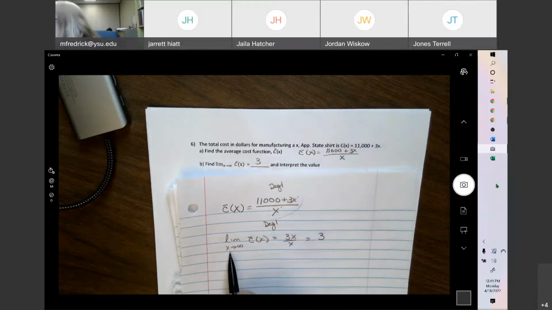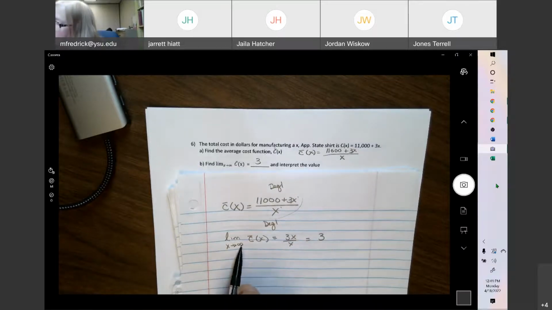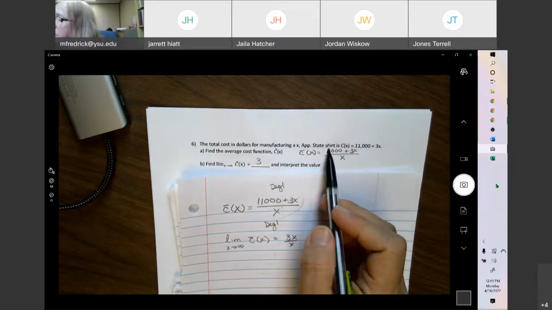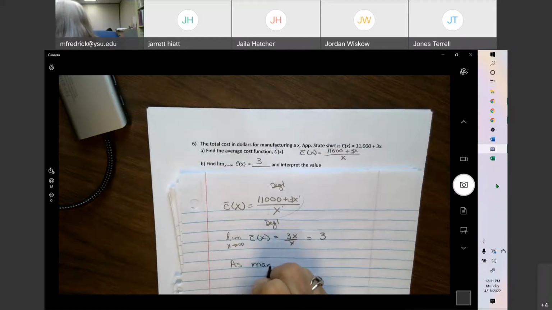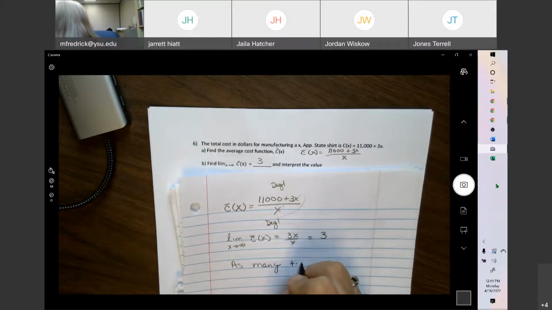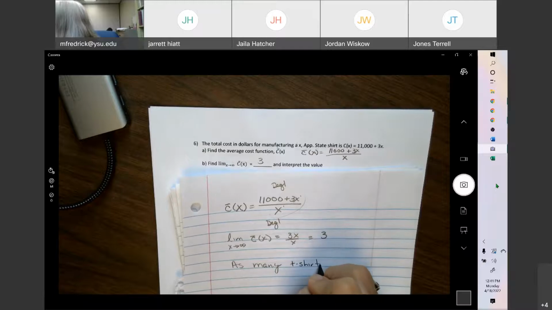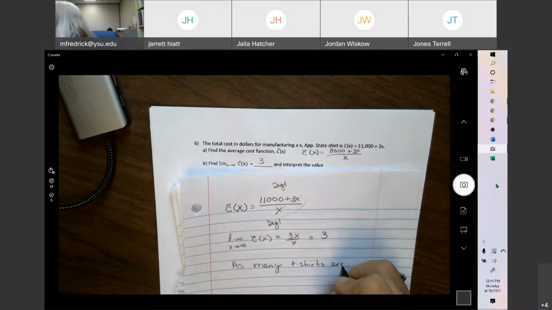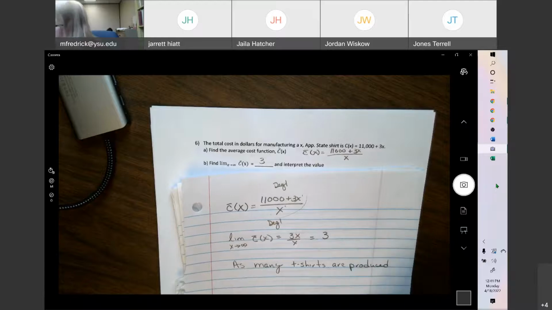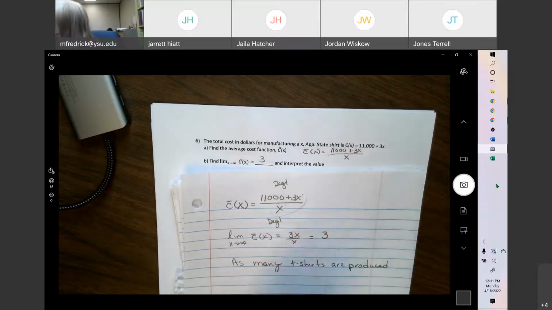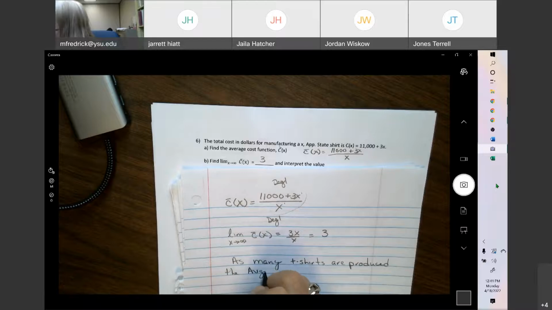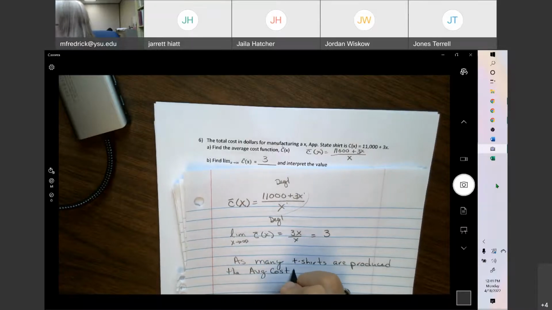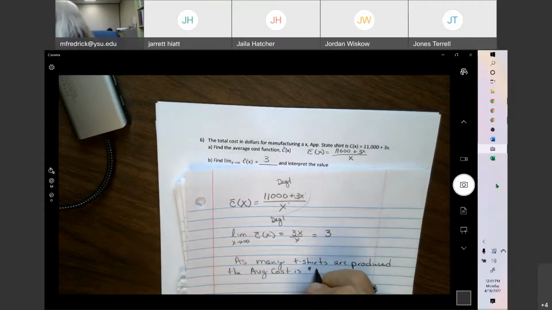What that tells you is x is getting large, and x is the number of App State t-shirts. As many t-shirts are produced and sold, or just produced because it's cost, the average cost is $3 a shirt.